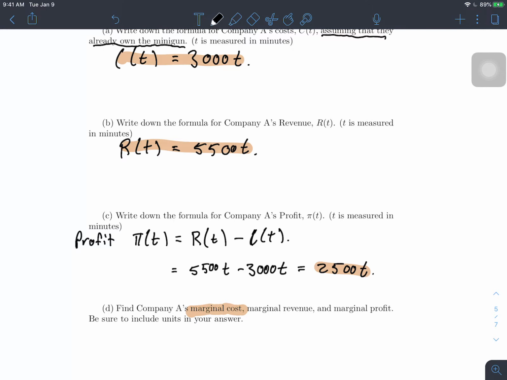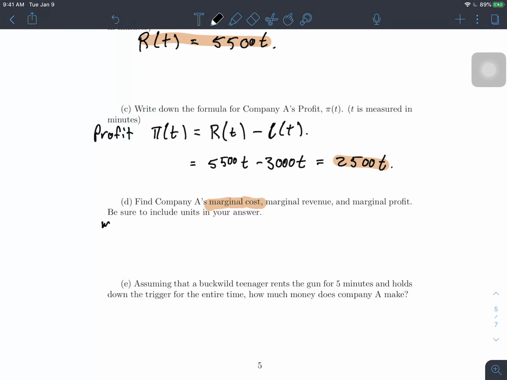So marginal cost is 3,000 per minute. In other words, you could write it as $3,000 per minute.